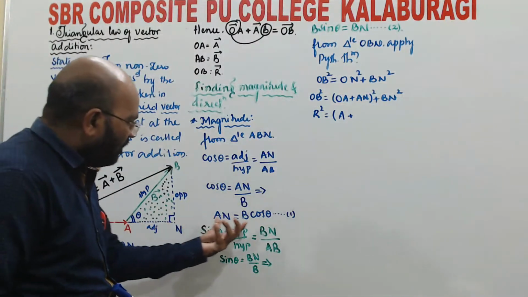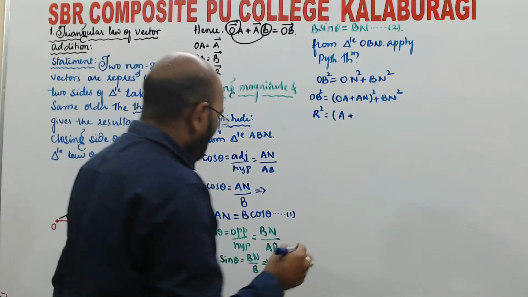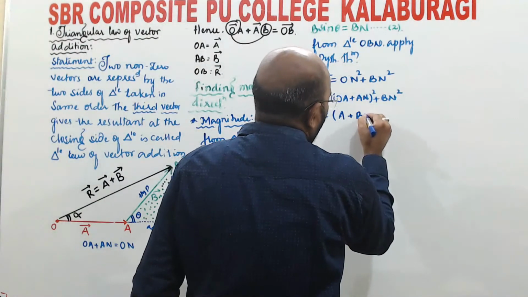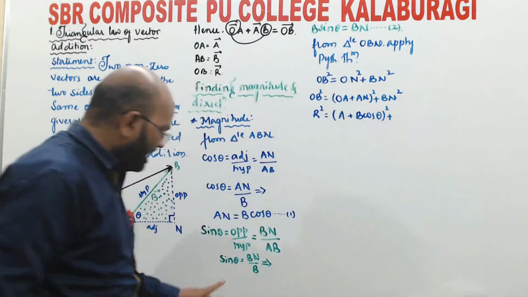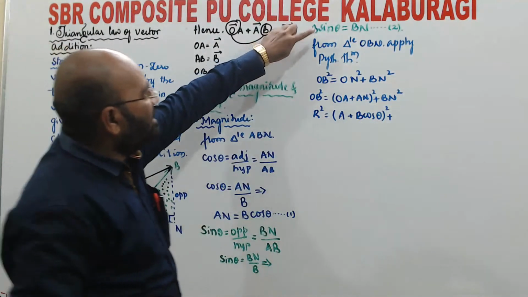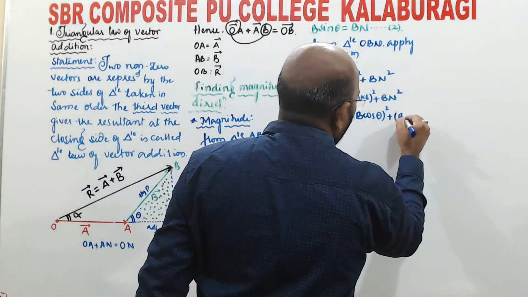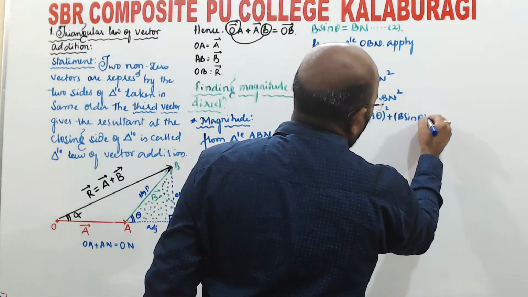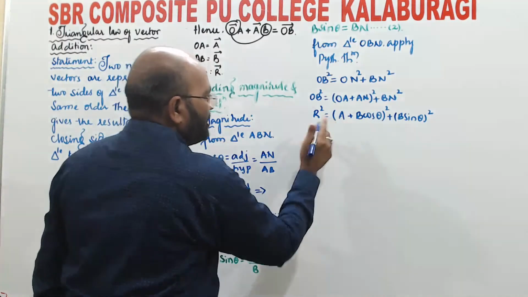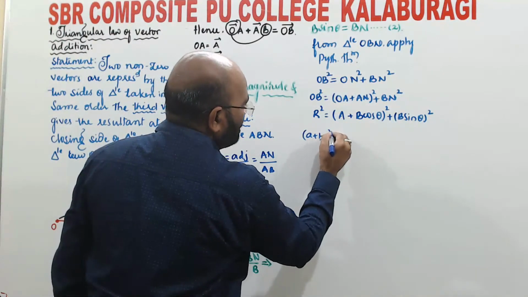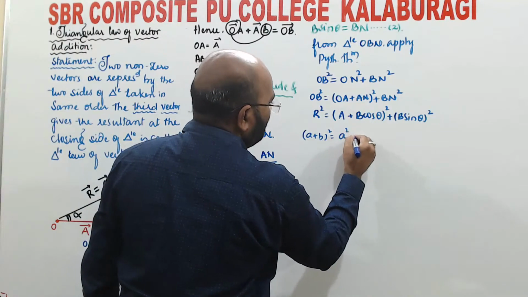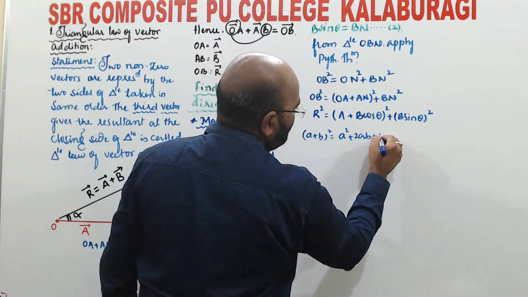AN we have already found. What is that? B cos theta. B cos theta whole square plus BN. BN, how much did we get here? B sin theta whole square. Then this will be similar to (a plus b) whole square is equal to a square plus 2ab plus b square.